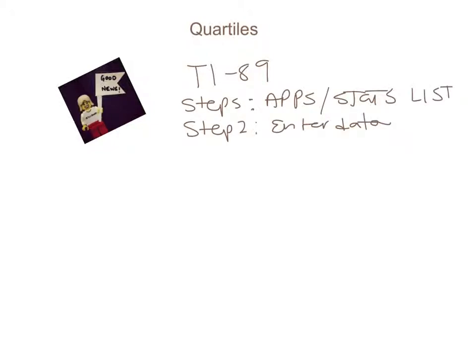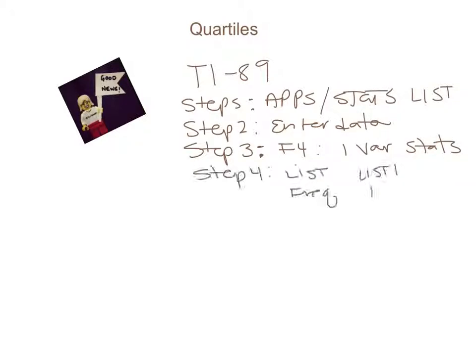So we have some good news about quartiles. You can do it on your TI-89. Remember that our steps would be to go to our apps and then Stats List Editor. Step 2 is to enter your data. Step 3 is to choose F4, one of our stats. Step 4 is to put where it says list, you type in list 1 or whatever list you put your statistics.